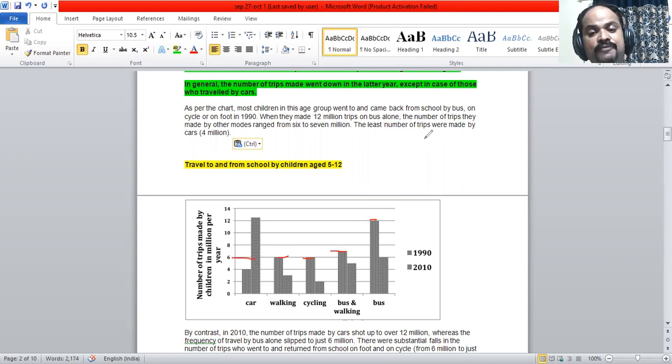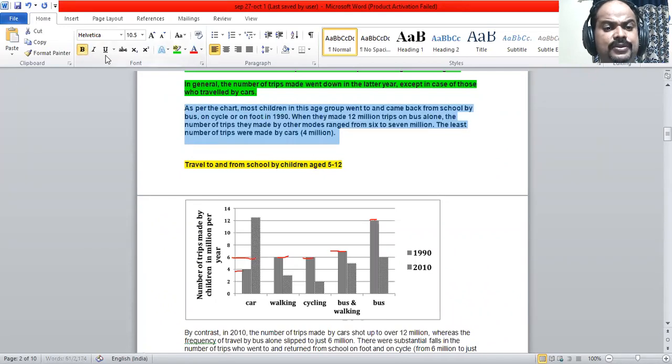The least number of trips were made by cars. Yes, the least number of trips were made by cars. Sure, clear. It's very concise. We have completed the matter without any serious problem.